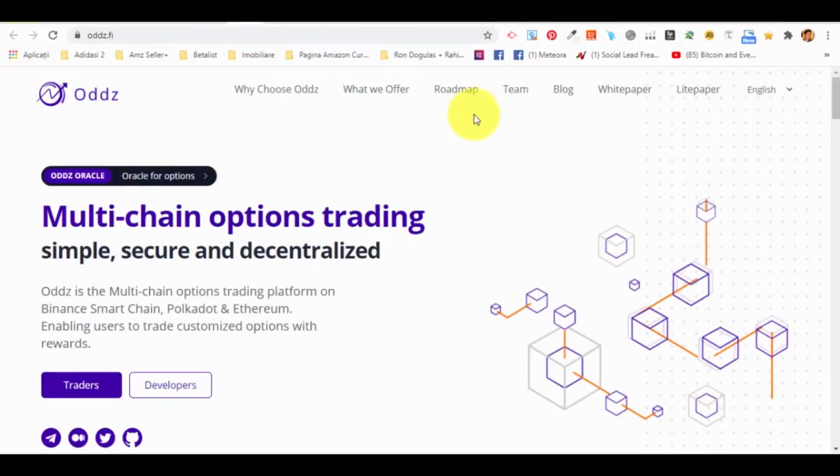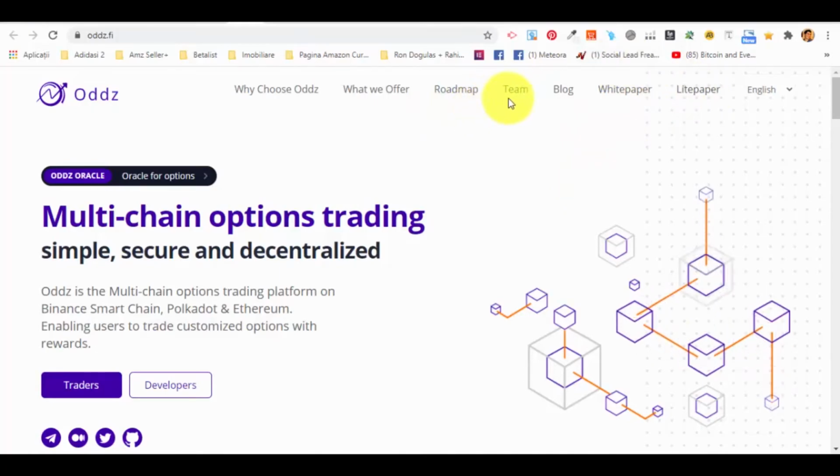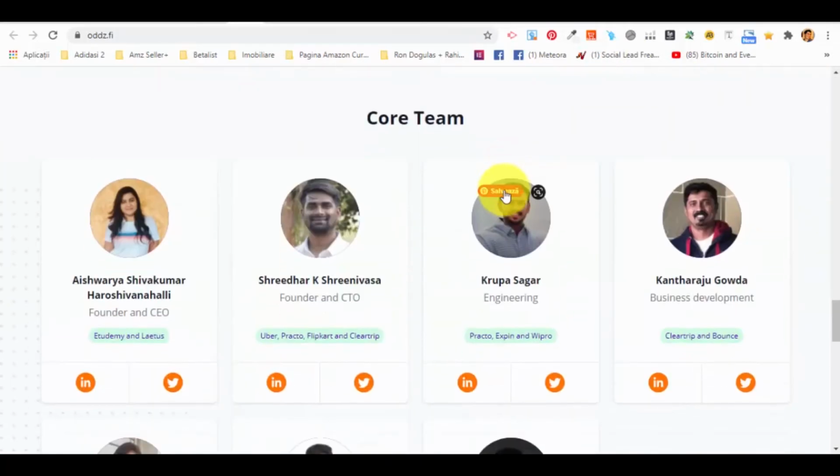What we recommend is to check the white paper to see if you understand the project well, and to check the team. Okay, you want to see who's the team behind the ICO or the project. It's important to have a good team which is popular, maybe not necessarily from the standpoint of expertise, because we also have a lot of experts in the world in different fields which, let's say, are not that popular.